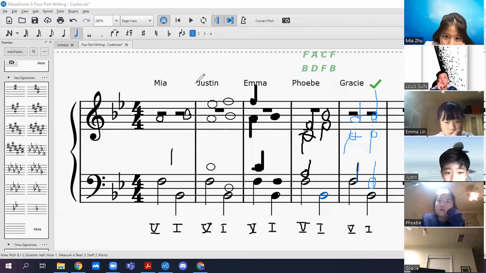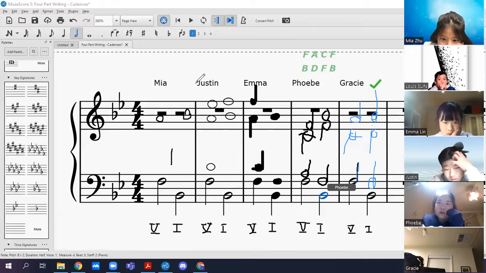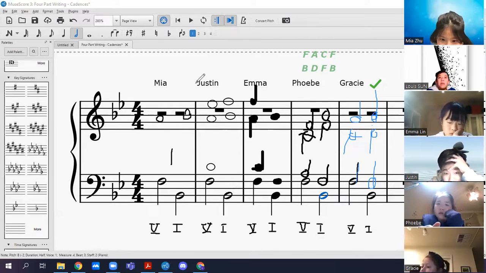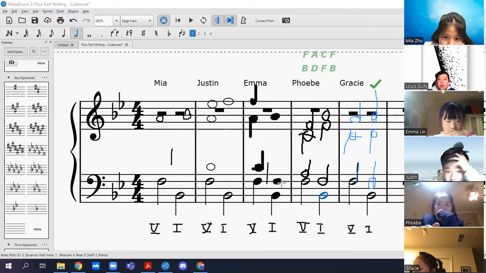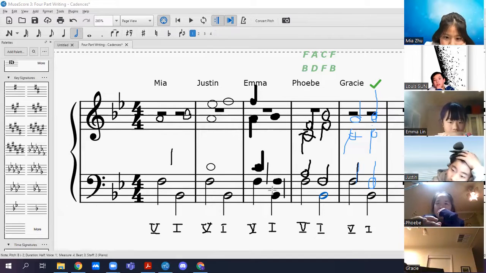So Justin, that's still too big of a leap. And Emma, unfortunately, you've got consecutive fifths here and here. So don't make the voice jump around so much.